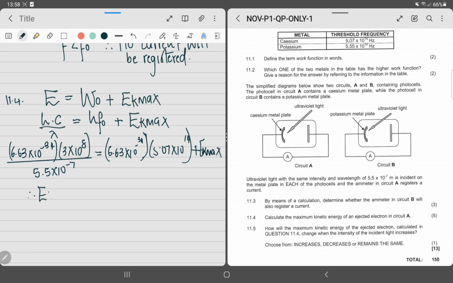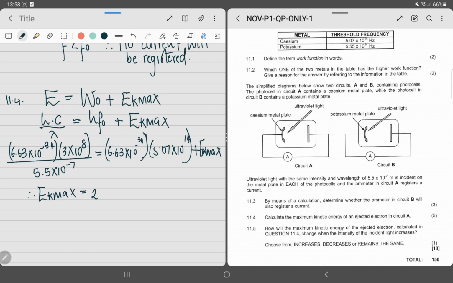Therefore, the EK max should be equal to 6.63 times 10 to the negative 34 multiplied by 3 times 10 to the exponent of 8 over 5.5 times 10 to the exponent of negative 7, subtract 6.63 times 10 to the negative 34 times 5.07 times 10 to the exponent of 14.